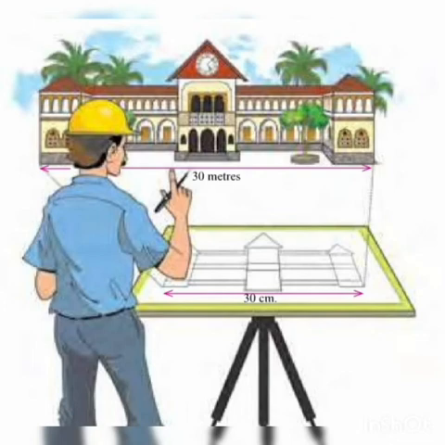When we draw pictures of houses, mountains, and people, we draw them to fit the size of the paper we are drawing on. It is the same while drawing maps.